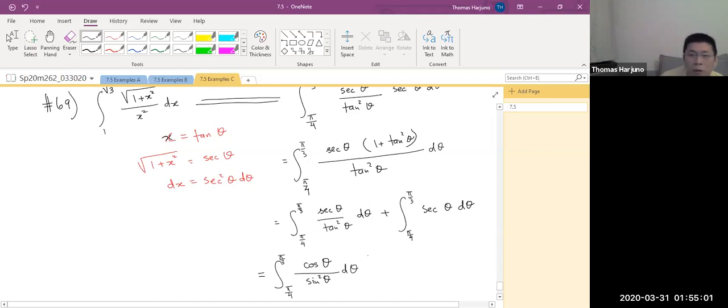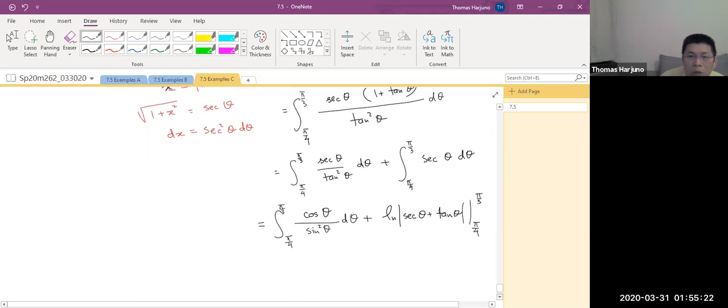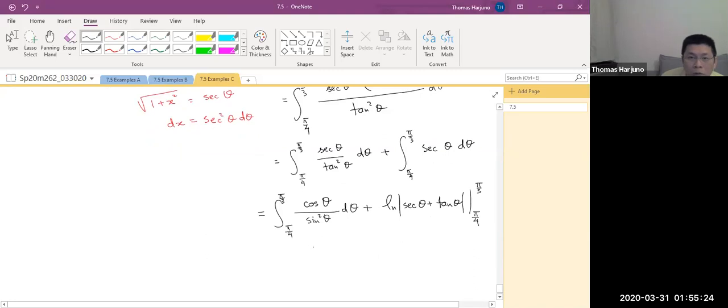Yeah. And then the integral of secant theta is the natural log of secant theta plus tangent theta, and the other part is cotangent theta, from pi over 4 to pi over 3. Well, thank you. And this one we can go on already, just use u sub, right?